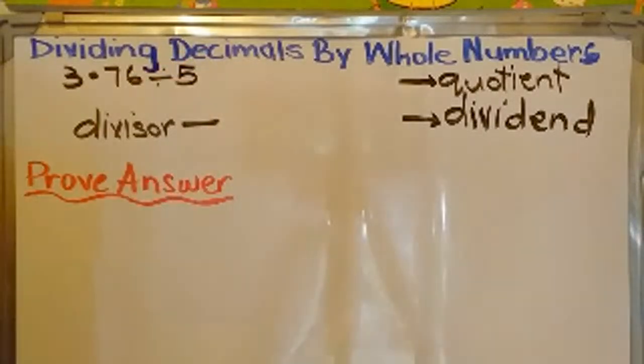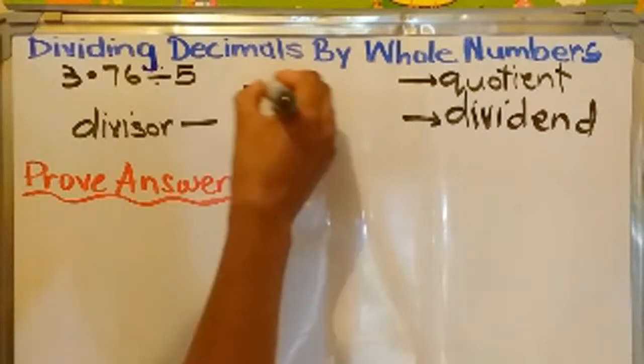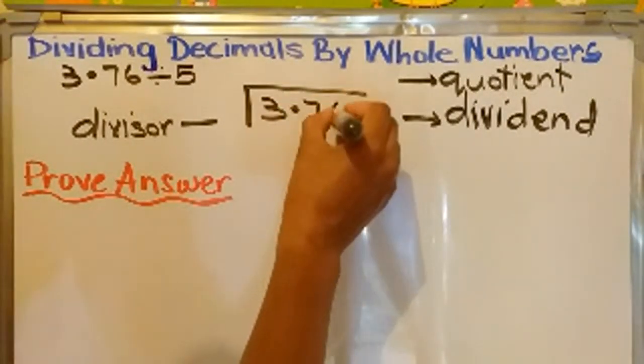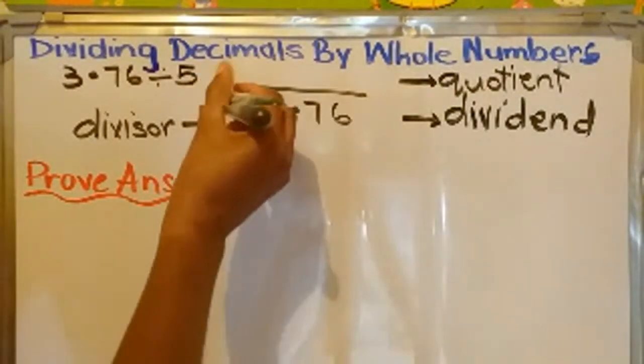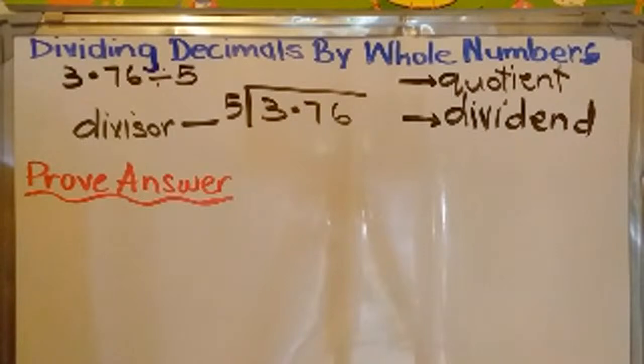So we're going to work that one out. Remember, we have to set it out first. 3.76 is known as your dividend. And in this case, 5 is known as your divisor.